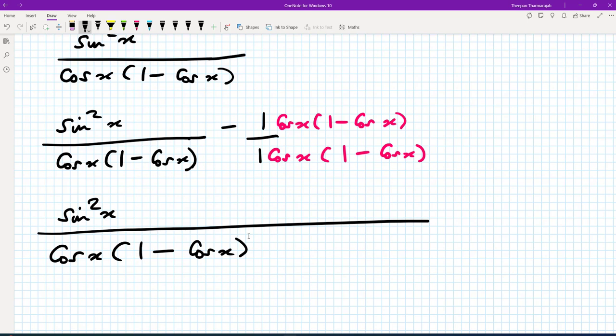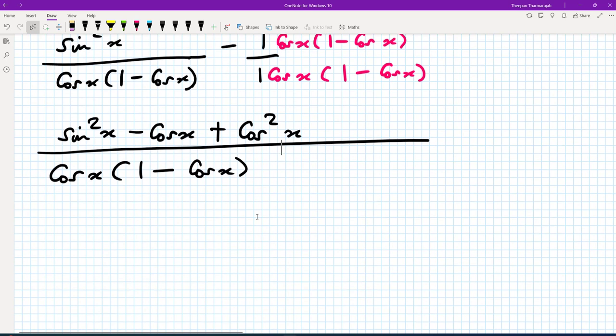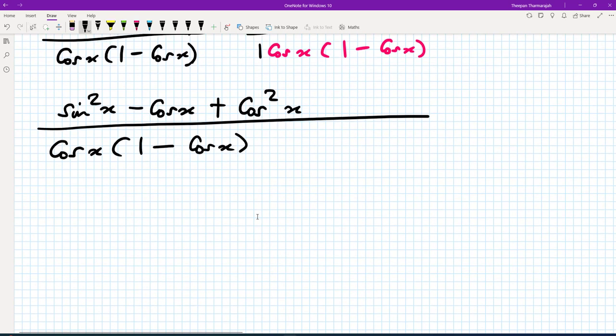So minus cos x times 1 will give me minus cos x. Now be careful, minus cos x times minus cos x is plus cos squared x. Now sine squared x plus cos squared x is 1, so we're going to get 1 minus cos x.